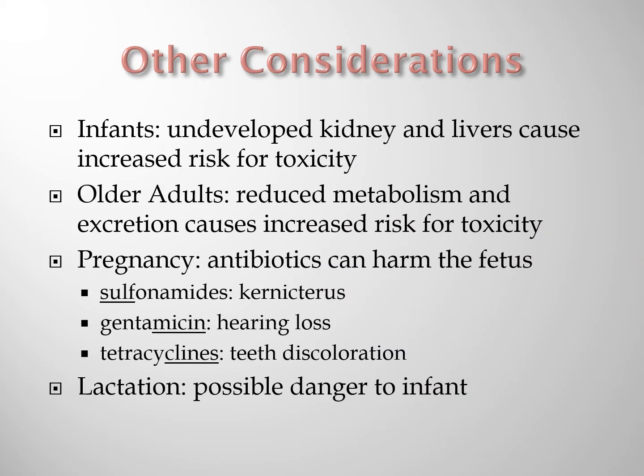Okay, so other pharmacological considerations. In infants, they can have relatively undeveloped kidneys and livers that can put them at risk for toxicity. And the other issue with infants and children is most drugs are weight-based.